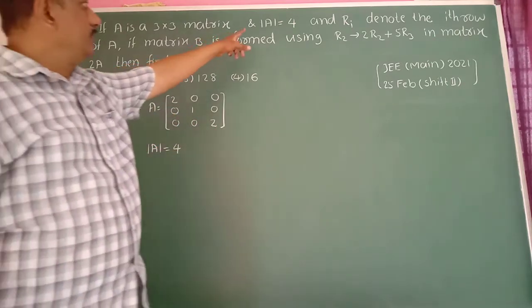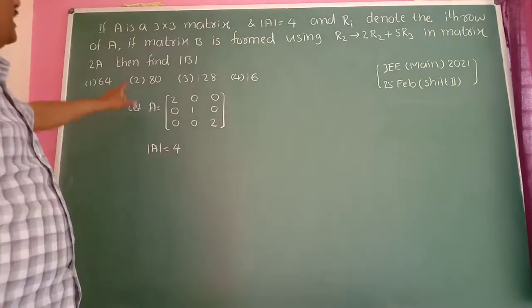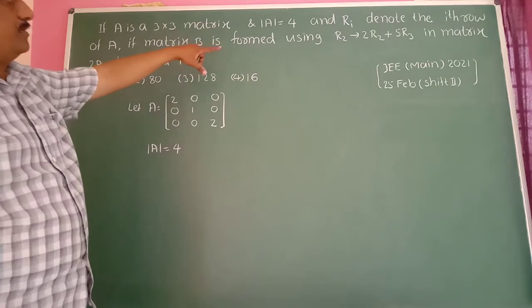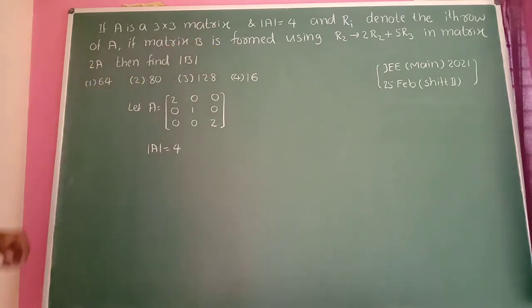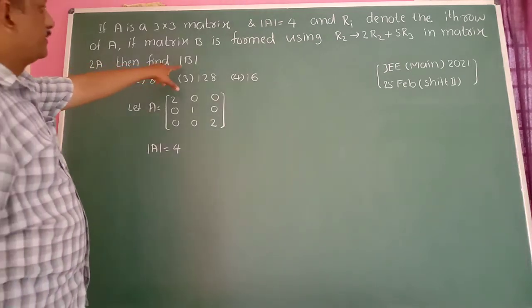They are already given that determinant of A is equal to 4. Denote the ith row of A. If a matrix B is formed using R2 goes to 2 R2 plus 5 R3 in the matrix 2A, then what is the determinant of B?